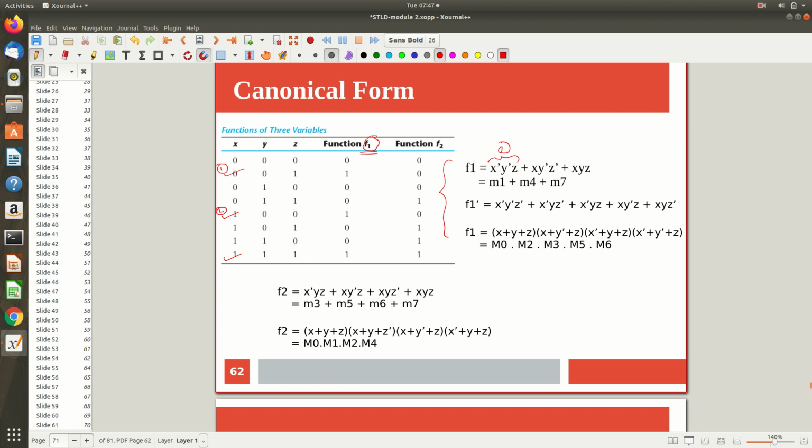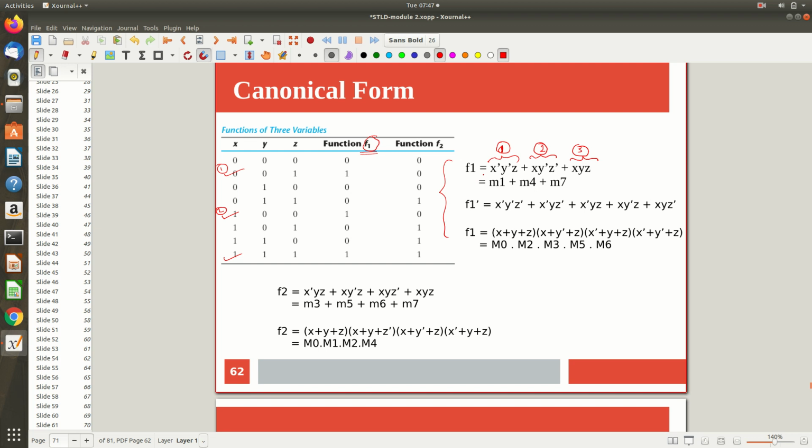Now this is my third case. What is my third case? x dot y dot z, because all are 1. So in any of these 3 cases, I am getting a 1 for the function. So it is actually expressing the function as it is.